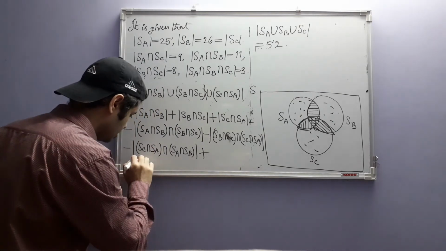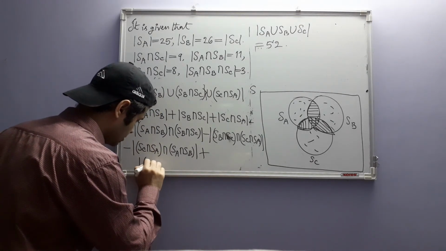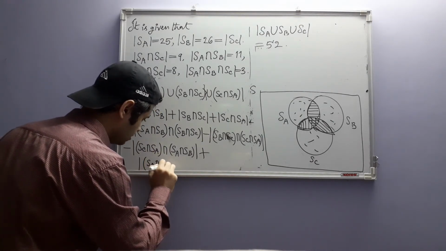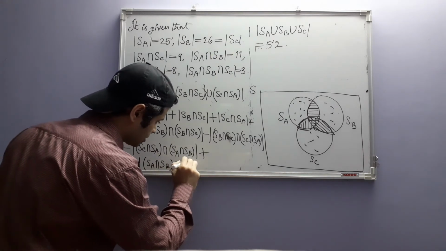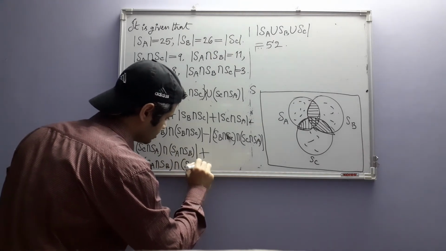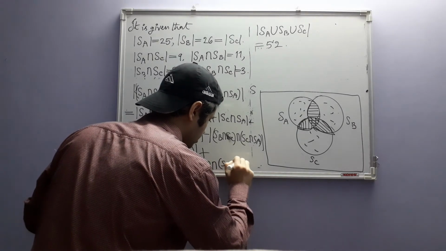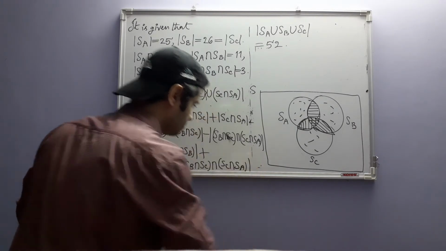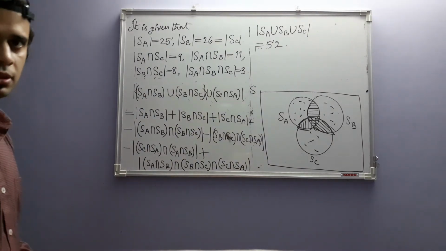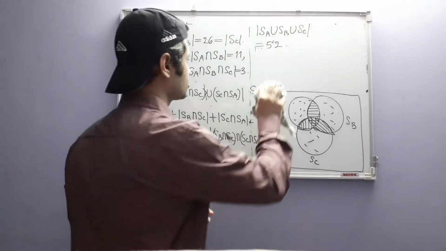Okay, so I write it here: SA intersection SB intersection SB intersection SC intersection SC intersection SA. Okay, this is what we have found so far.